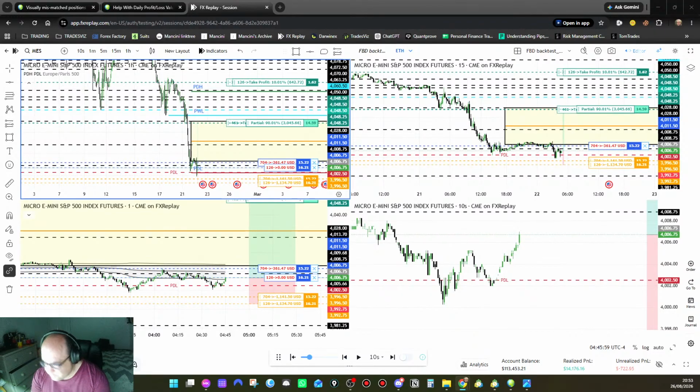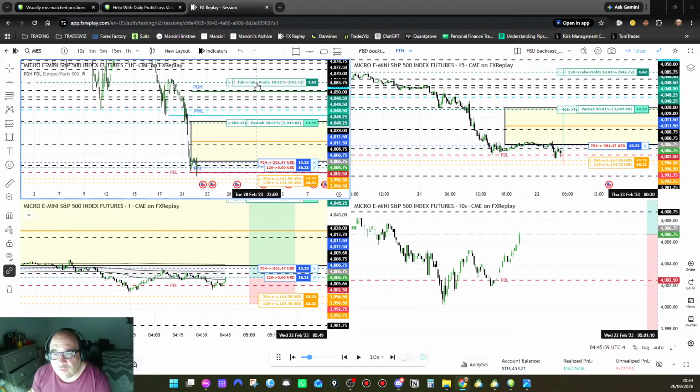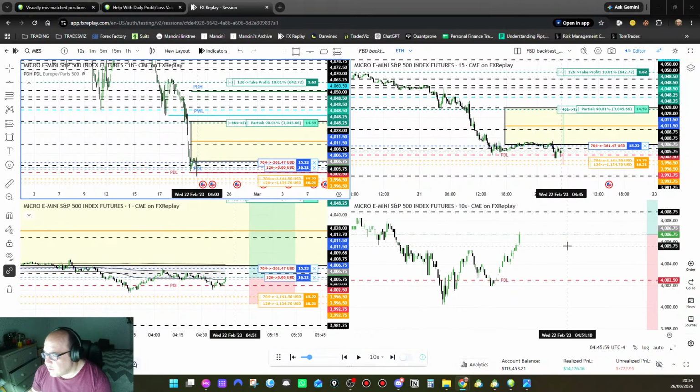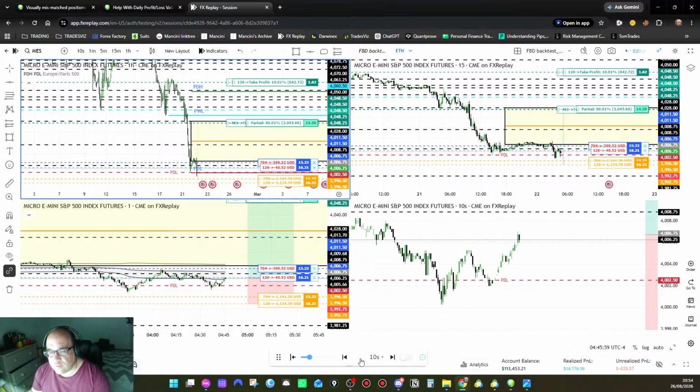TP1 is the previous DVA high and TP2 is the previous swing high at, let's say, whereabouts 4086. 4086. Okay, and we are good to go.